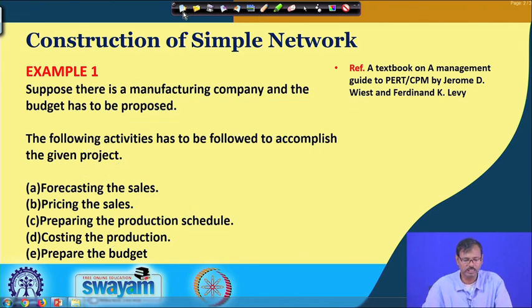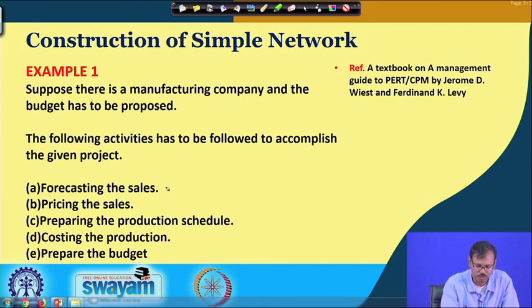What is there in this example? Suppose a company is willing to schedule some production for selling its products in the market. What is the requirement that the manufacturing company needs to carry out?